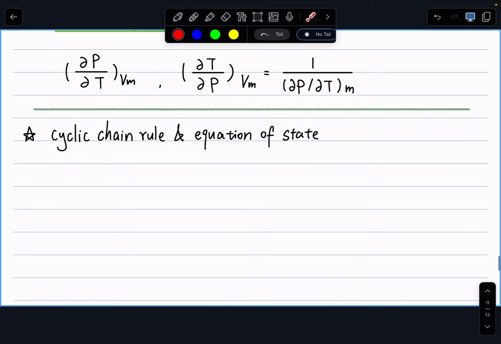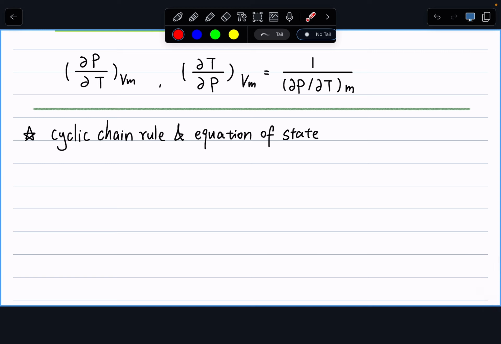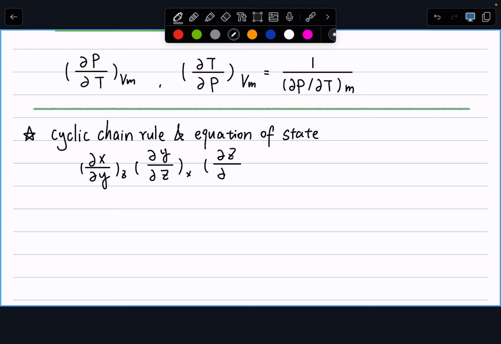The relationship we're going to use is the cyclic chain rule. In the cyclic chain rule, we have dx over dy at constant z, times dy over dz at constant x, times dz over dx at constant y, equals -1.